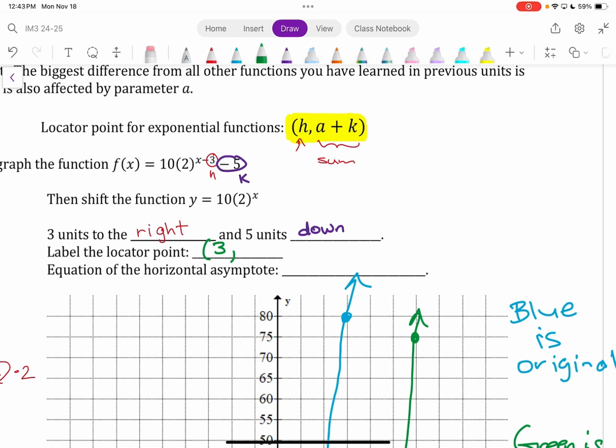K is the sum of A plus K. Now, A is 10. So it's 10 plus negative 5. So 10 minus 5, which is equal to 5. That's why this second number is 5. I'll highlight that in blue, and then you guys can see kind of where that number came from.